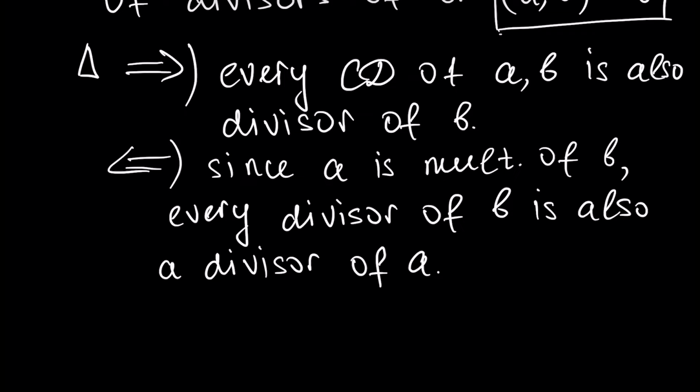And in particular, we will have the greatest common divisor of A and B is equal to B, because A is a multiple of B, and B is the greatest divisor of B.